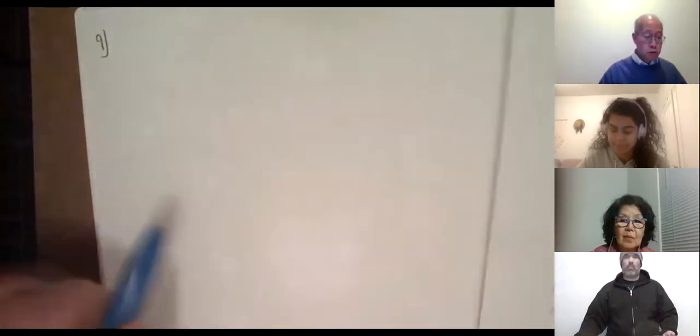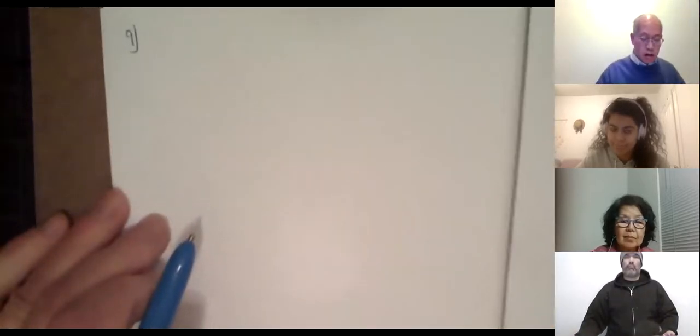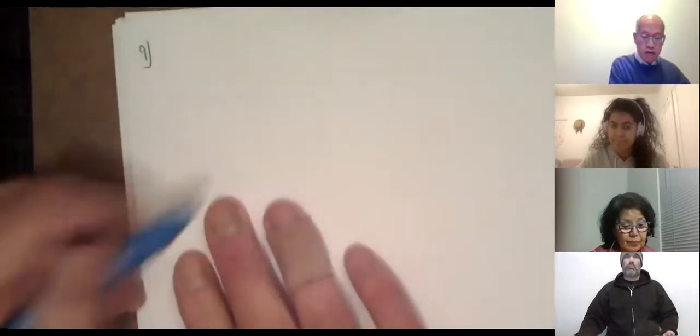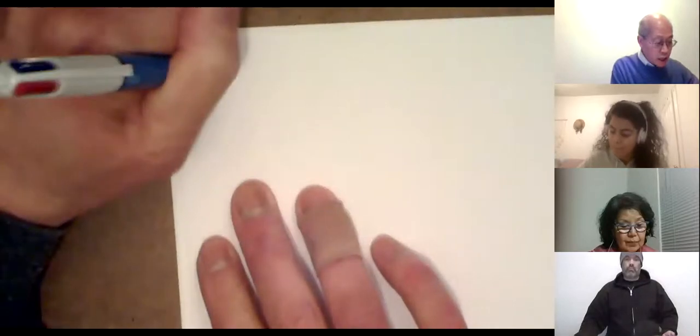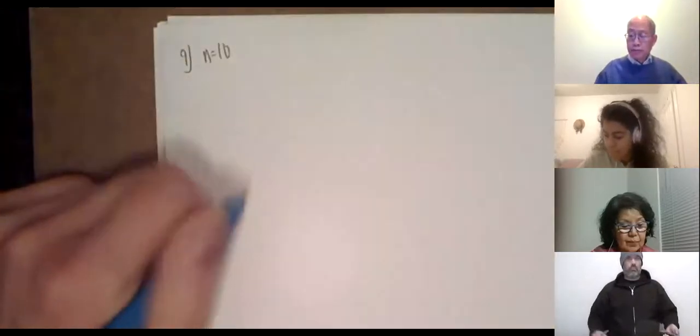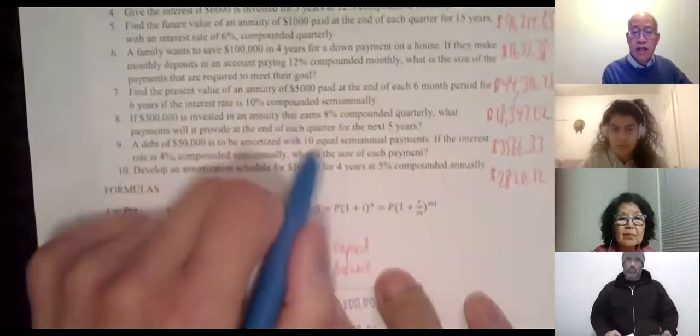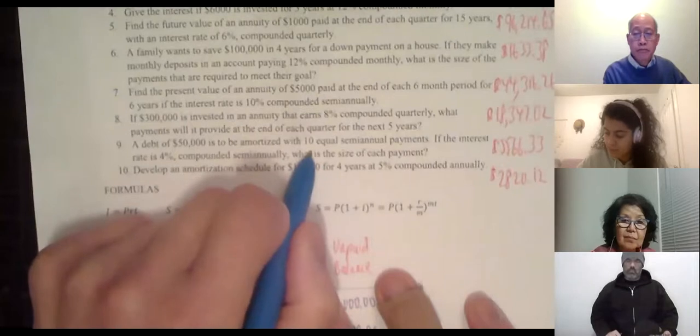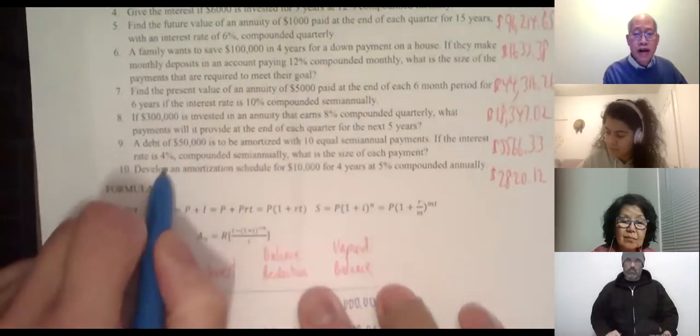Okay, number 9. Let's see, important information. The debt is 50,000. They already told me N is 10. Ten semi-annual payments, so I don't have to multiply by 2 or whatever. I do have to take the interest rate and divide that by 2 because it says compounded semi-annually.